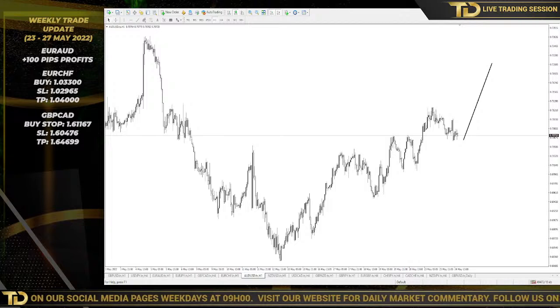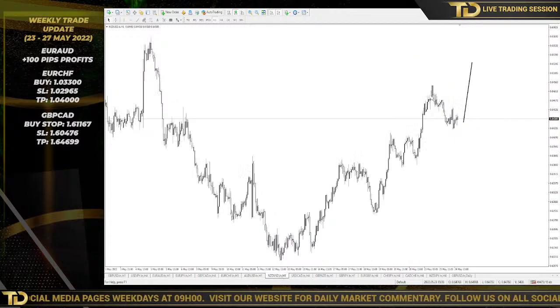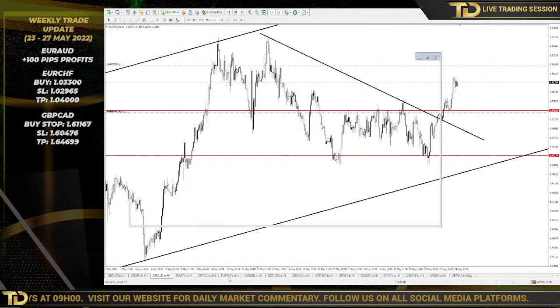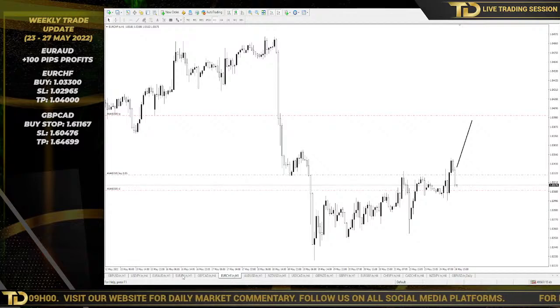The same for NZDUSD, keeping a close eye on this for some buy opportunities. I think these are the trade ideas.